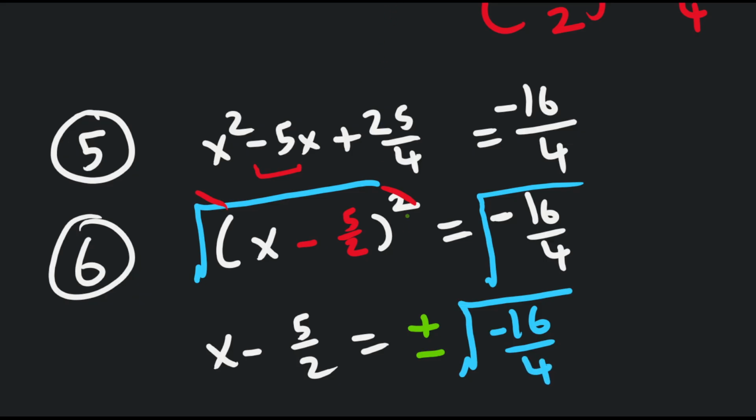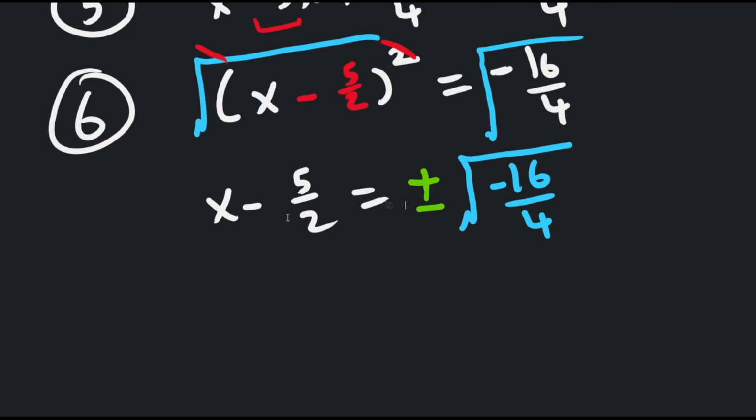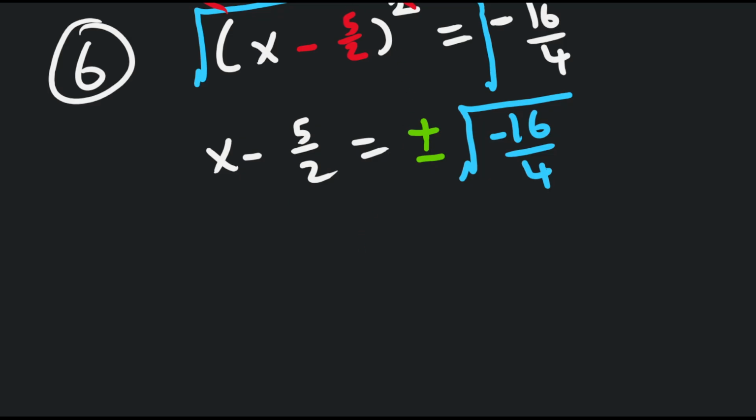This plus minus symbol right here is very important, this plus minus symbol in green. And let me show you a quick mini example, separate from this, on why it's important. Let's say we had x squared equals 16, and we were told to solve for x. You could probably guess right away that x is 4, right? X is 4, because you know 4 squared is 16.